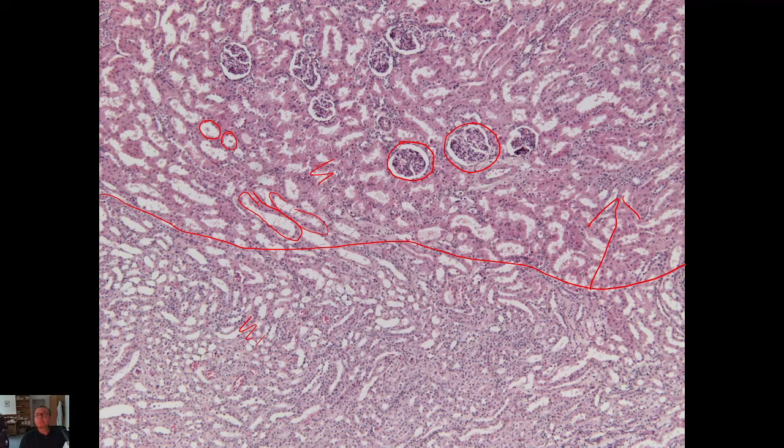And this is the easiest way to recognize the renal cortex. Renal cortex contains renal corpuscles. So this upper half of this picture is the renal cortex. Renal medulla doesn't contain any corpuscles, so this lower half of the picture is a renal medulla.